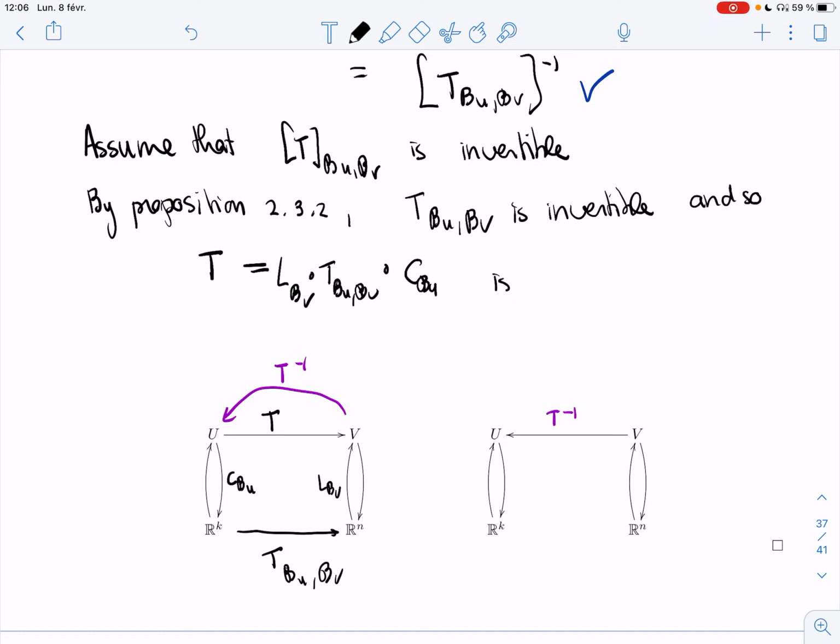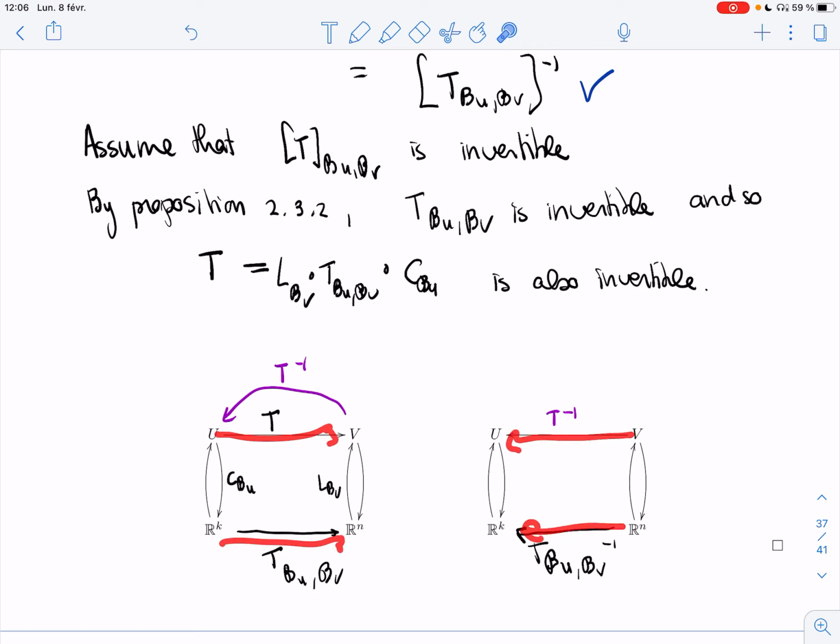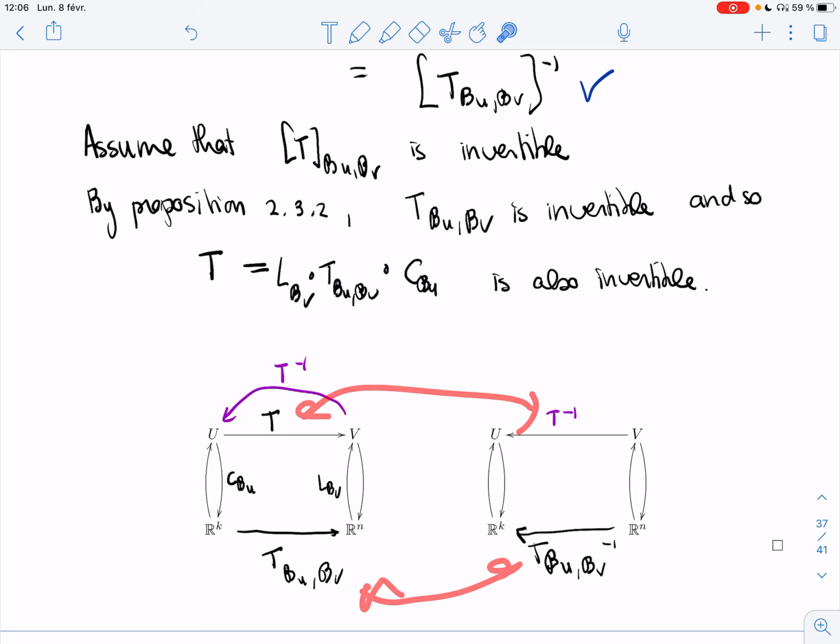So this one is also invertible. All right, and in fact, if you want to know what the inverse is, you just have to look at the second. This is T, this is its Euclidean version, this is T inverse, this is the Euclidean version. These two are inverses, these two are inverses.